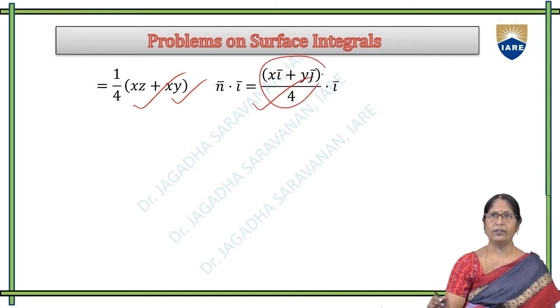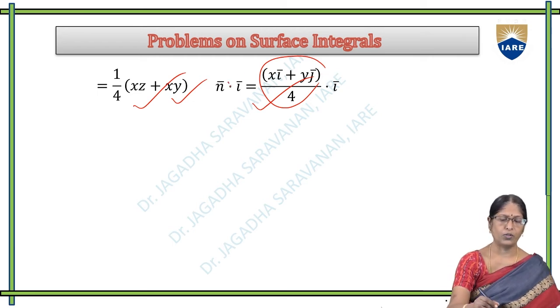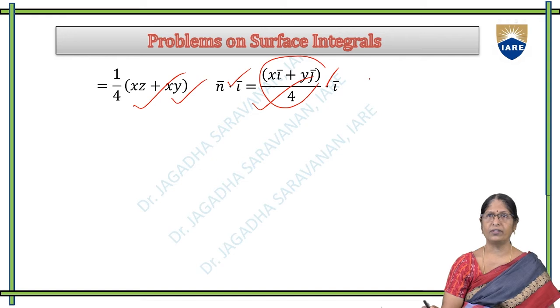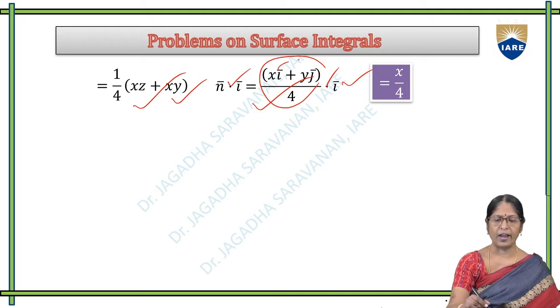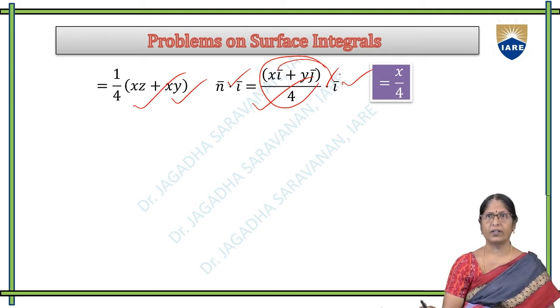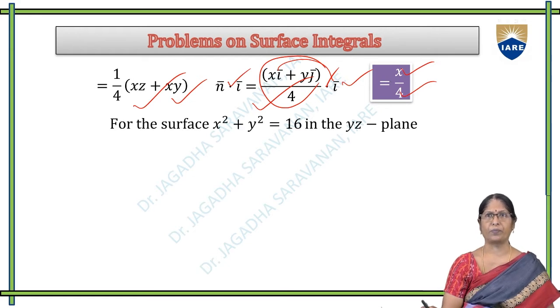This is our n, xi plus yj divided by 4, dot i vector. So in the dot product only i dot i exists, so x into 1, x divided by 4. For j, there is no term at all, so it vanished.